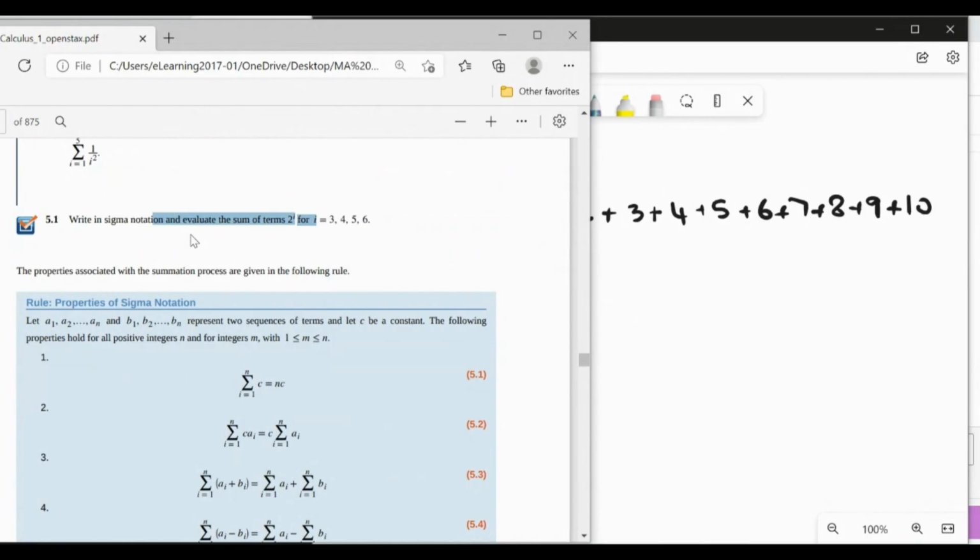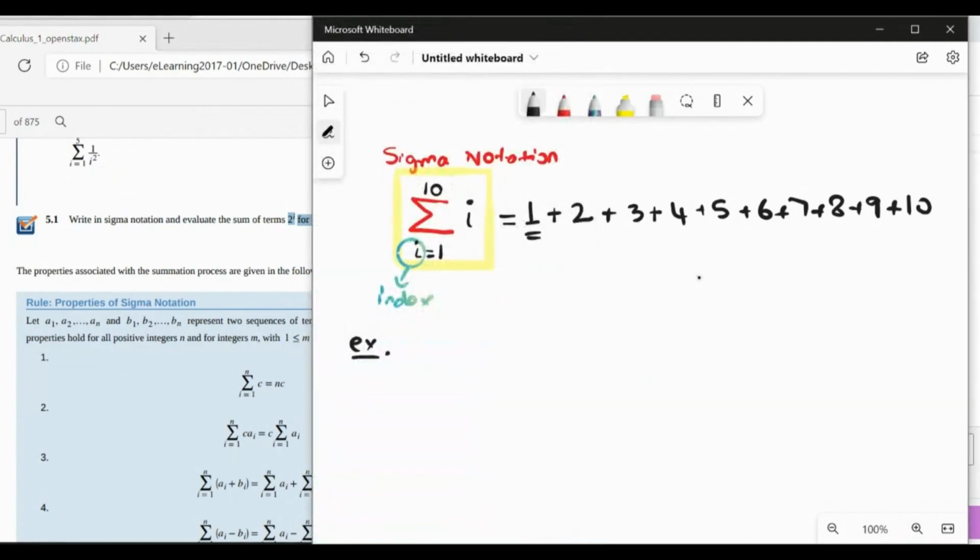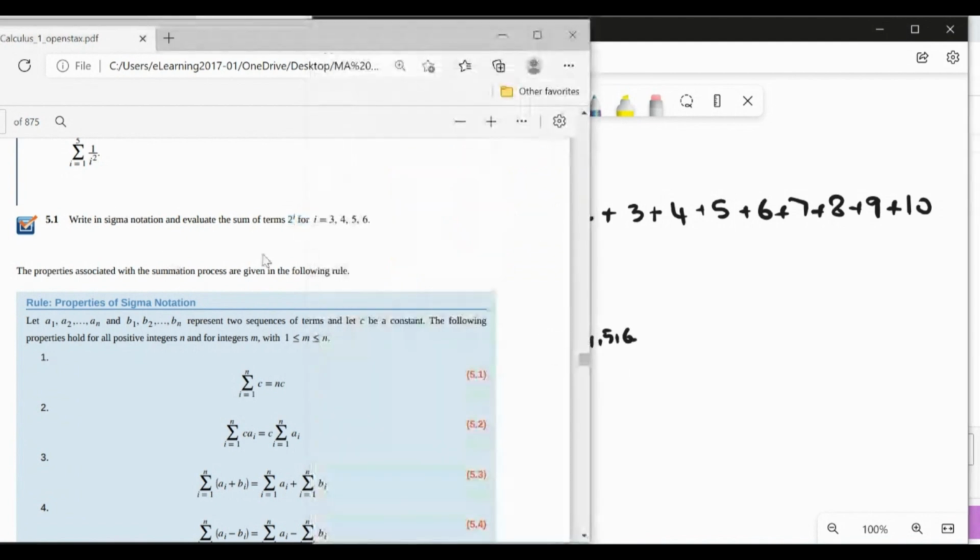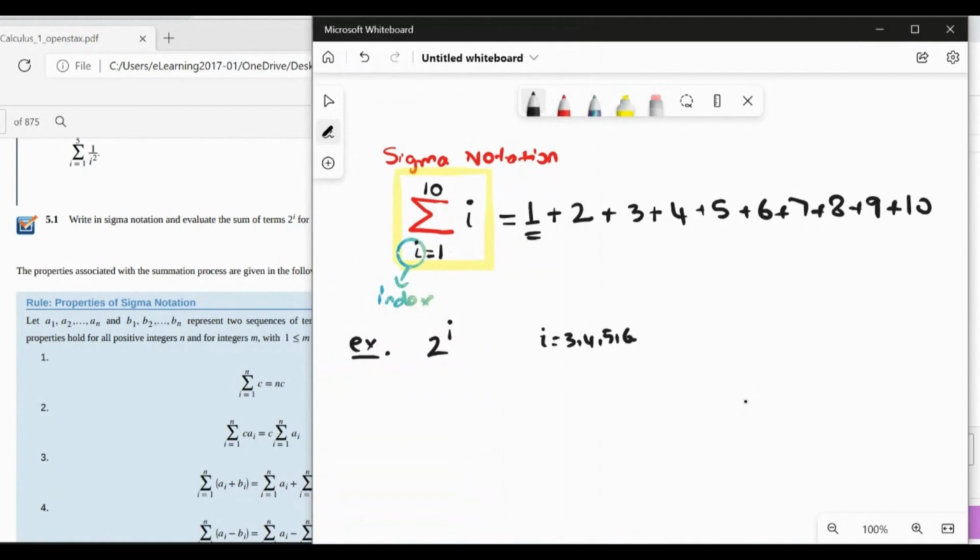Write in sigma notation and evaluate the sum of the terms 2 to the I, for I changing between 3, 4, 5, and 6. Okay, so this is the question.